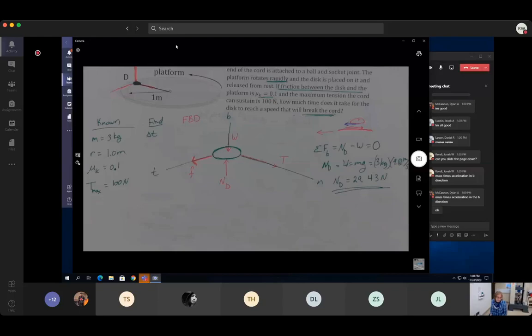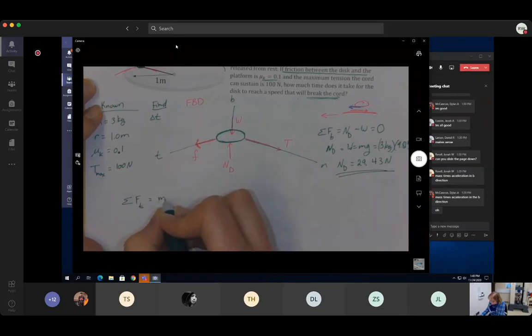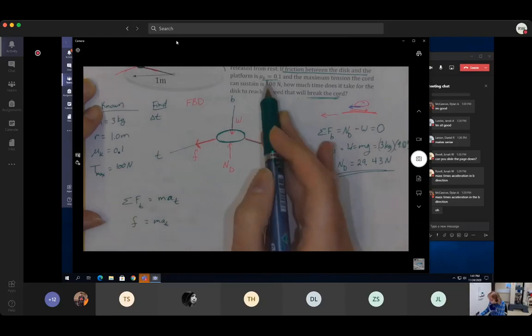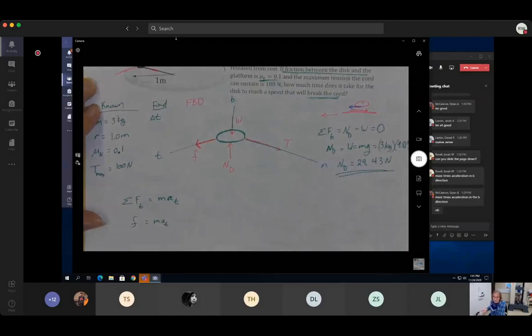Okay, so now we can sum forces in our other directions. If we sum forces in our tangential direction, we do want to end up with a sub t. The only force in our tangential direction is friction. We've got kinetic friction, right? So we know what the value has to be.